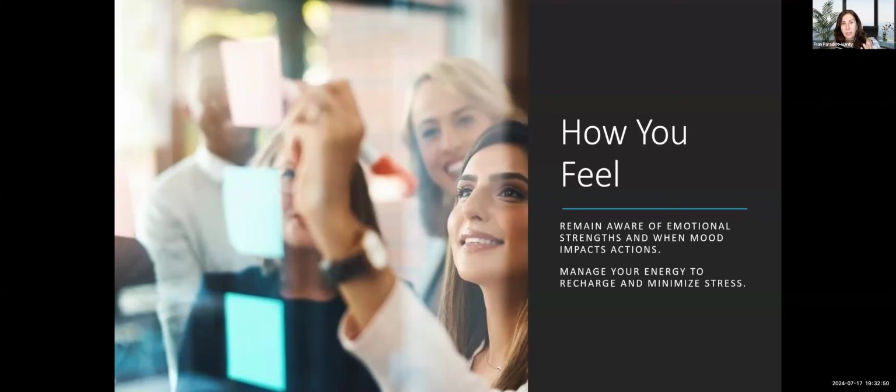And more importantly, they're also aware of how their mood impacts the actions of others. If you think about it, think about times where you have been in the company of other individuals. Have you had any situations where another individual's mood may have inadvertently affected your mood?